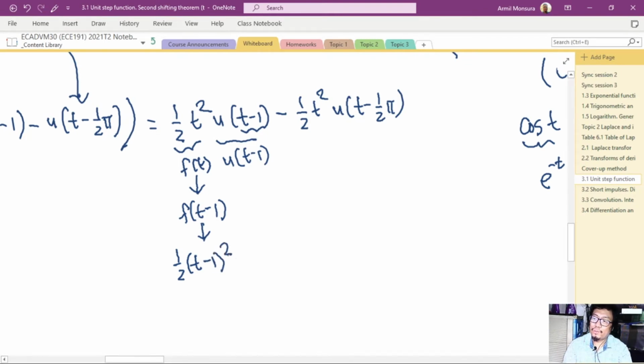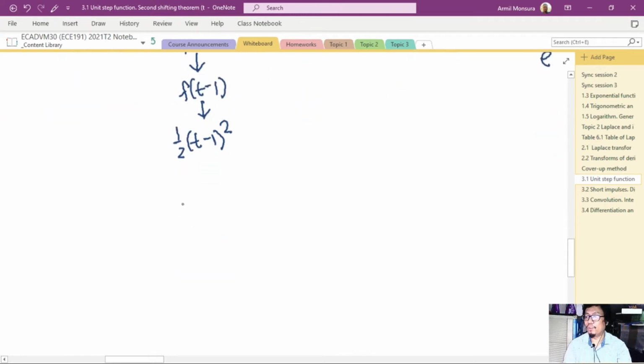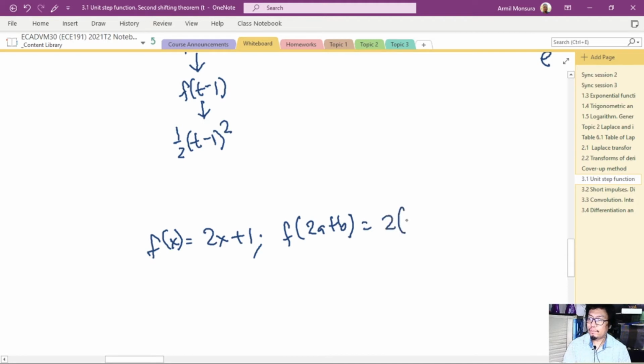So remember that this function notation allows us to specify what we want to do with the independent variable. Say for example, if you have f of x equals 2x plus 1, and you would like to evaluate f of 2a plus b, then that should be equal to 2 times 2a plus b plus 1.